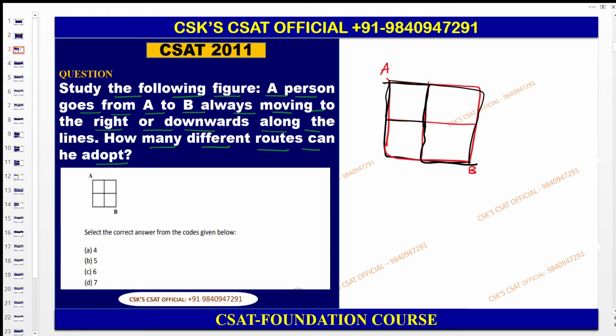Straight away you can come in this way. 5 here, then you can come in this direction. So 6 here. So therefore the answer for this question is 6. Simple. Just doing the manual calculation you can answer 6. But if it is going beyond 2 into 3, 3 into 3, so this is 2 into 3, you people can easily manage. 3 plus 3, 6.